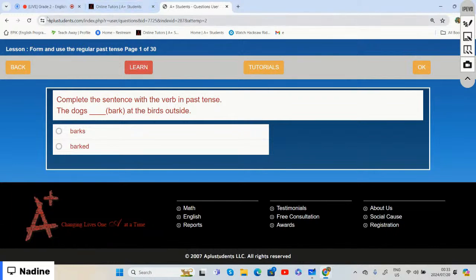Do we then say the dogs barks at the birds outside or the dogs barked at the birds outside? We need to choose the correct verb in the past tense.